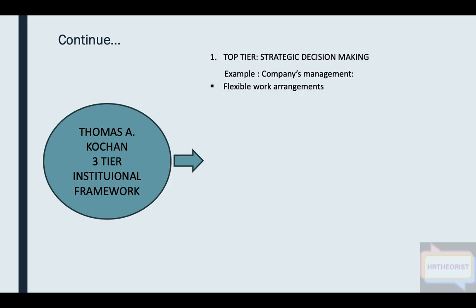So let's say company's management may decide to implement flexible work hour arrangements, introduce performance-based incentive systems, or invest in employee training and development. So these strategic decisions shape the employment relationships and can influence employee engagement, productivity, and job satisfaction.